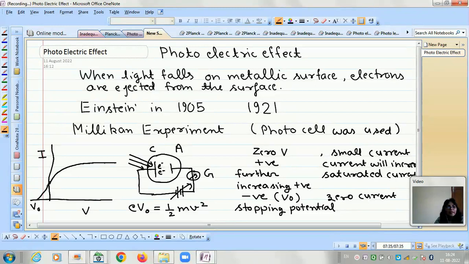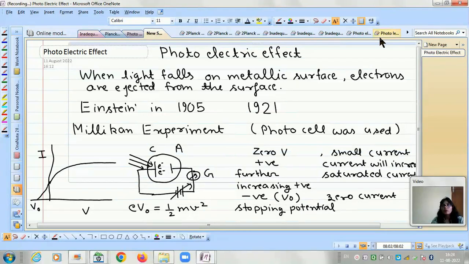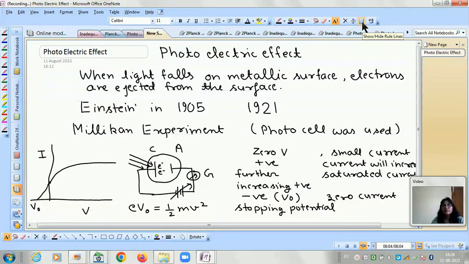So that kinetic energy is overcome by applying the potential in the negative direction. So we have the equation eV naught is equal to half mv square, where half mv square is the kinetic energy of the ejected electron, and V naught is the stopping potential. So this was the Millikan experiment to verify the photoelectric effect. Now let us see what are the factors.